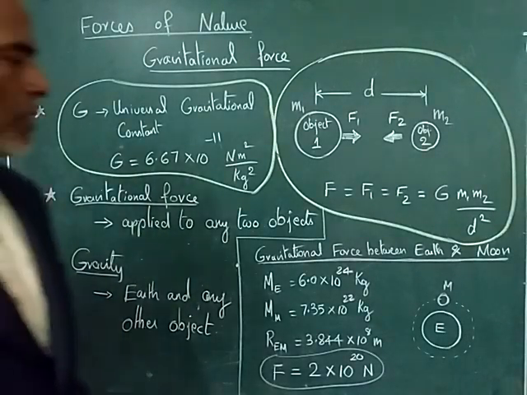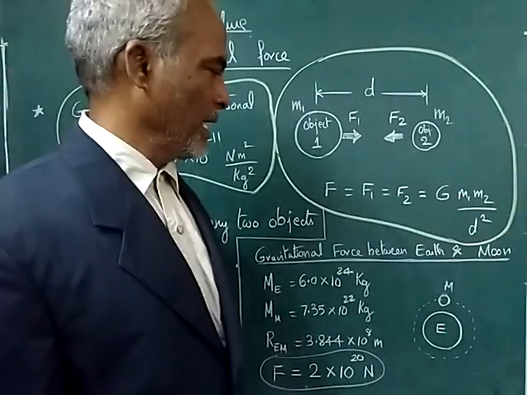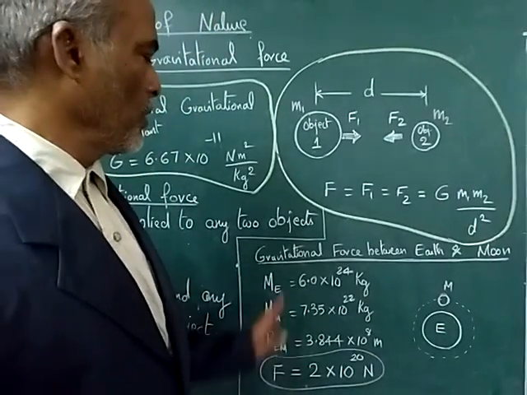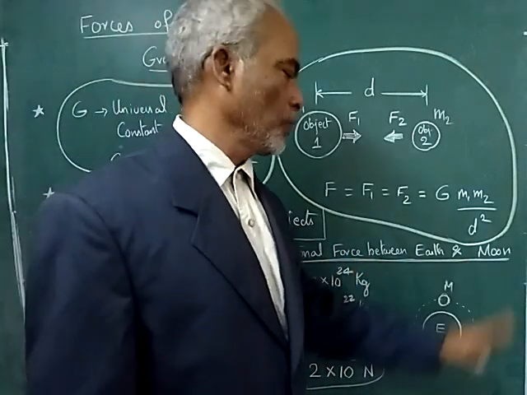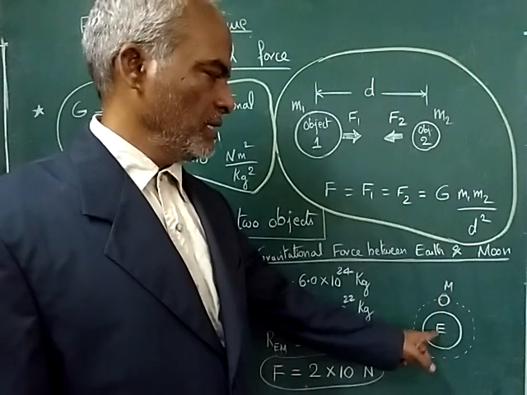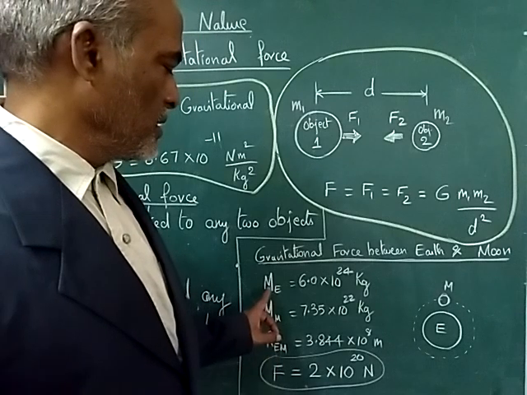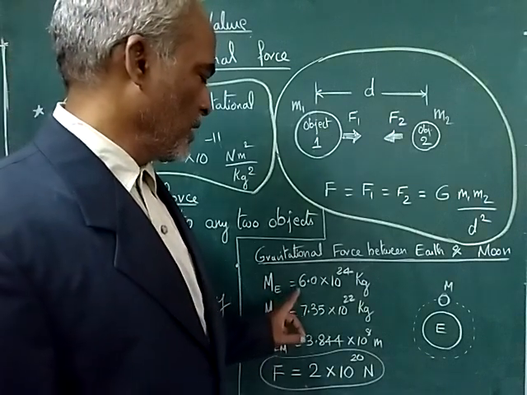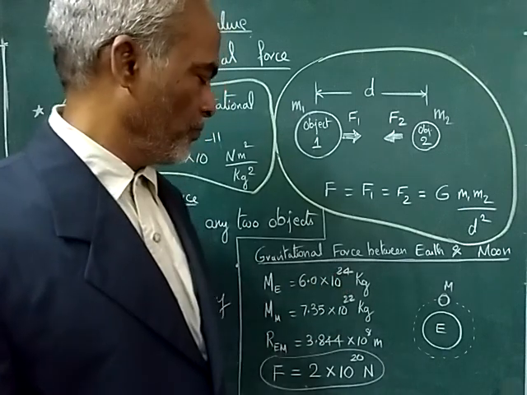Now we will see one simple example problem. I want to find the gravitational force between earth and moon. E is earth, M is moon in this diagram. The mass of the earth is 6.0 into 10 power 24 kilogram.